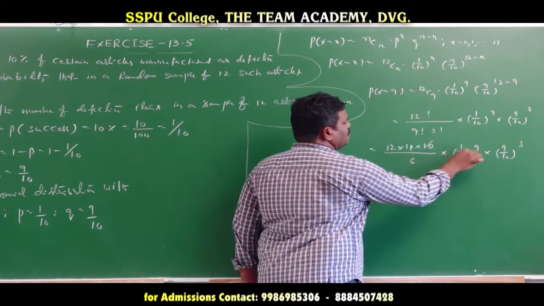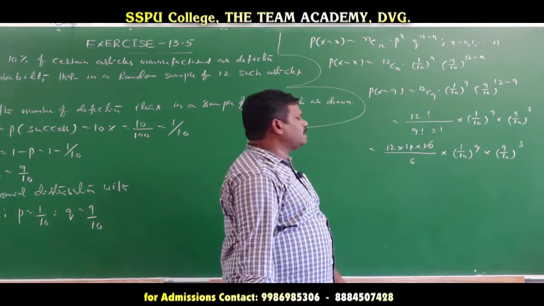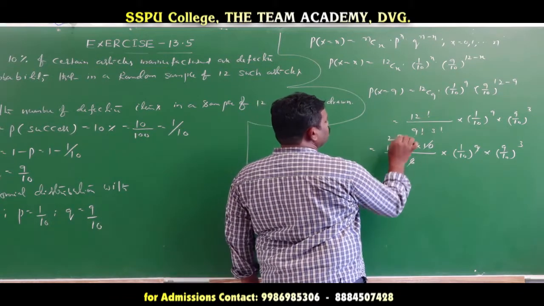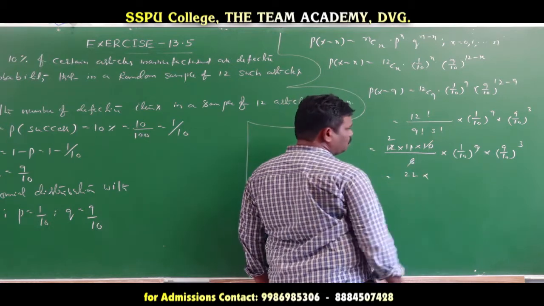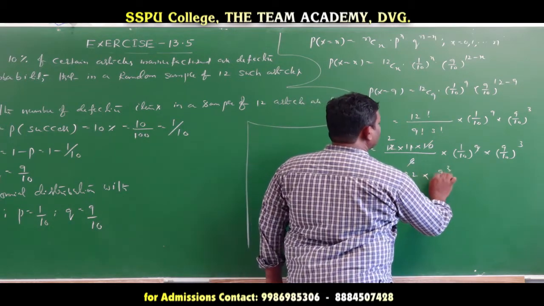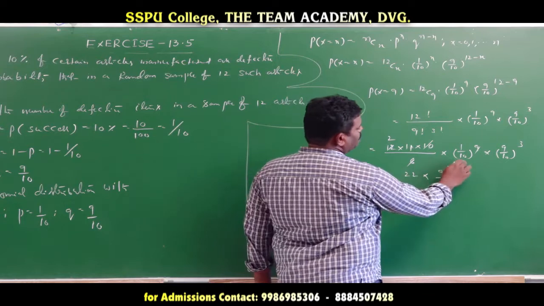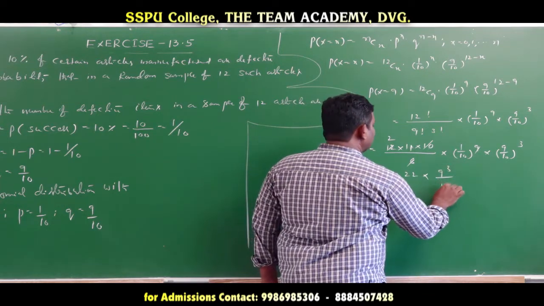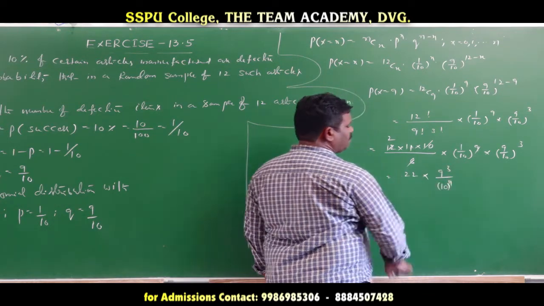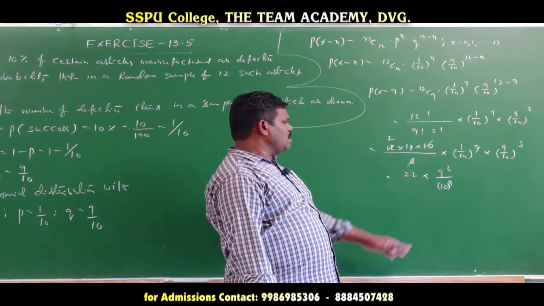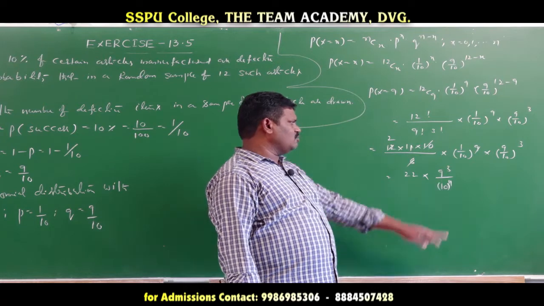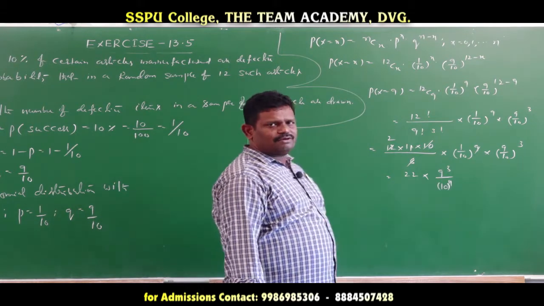Here 10 power 9 and 10 power 3 make 10 power 12. Overall, 6 twos are 12, 12 times 11 gives 22 into 9 cube over a power of 10. Otherwise, leave it like this.